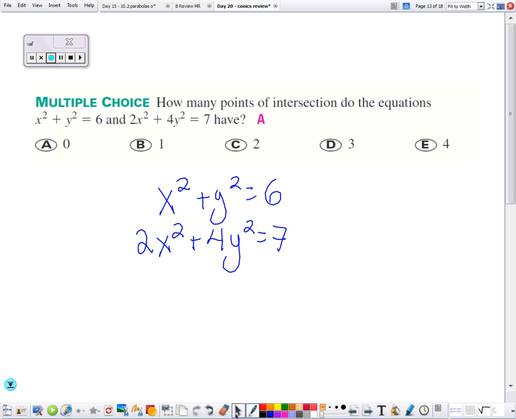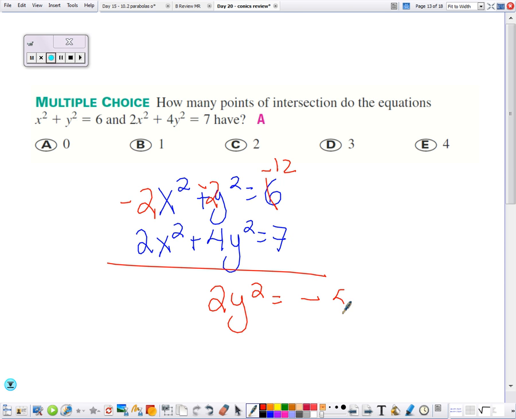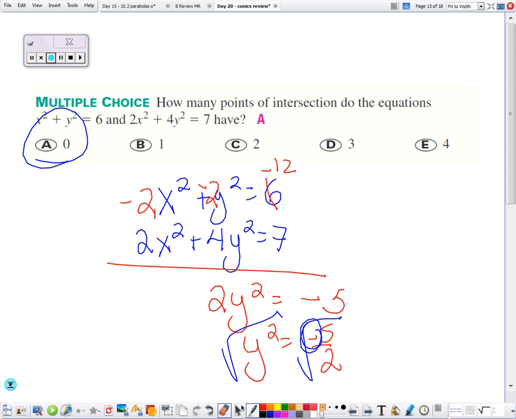I'm going to multiply the top one by -2. When we add them together, we get 2y squared equals negative 5. That's a problem. So y squared is going to be -5/2, and you can't have imaginary intersection values when you square root this negative.